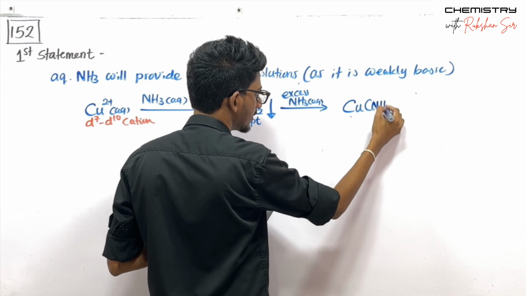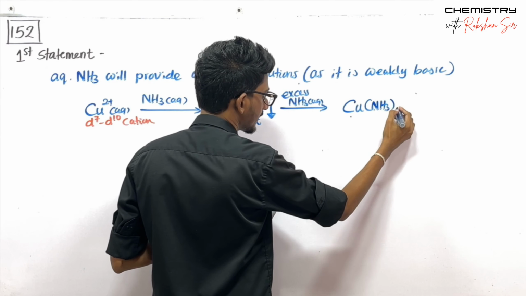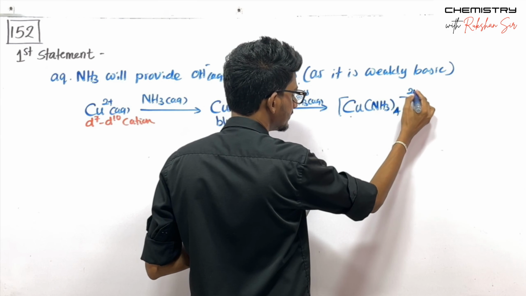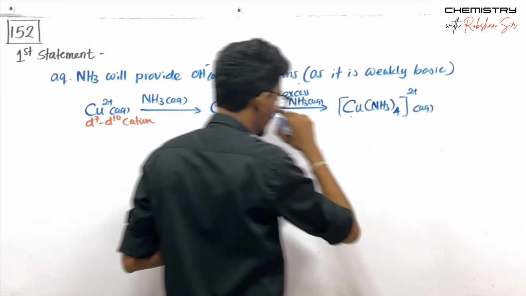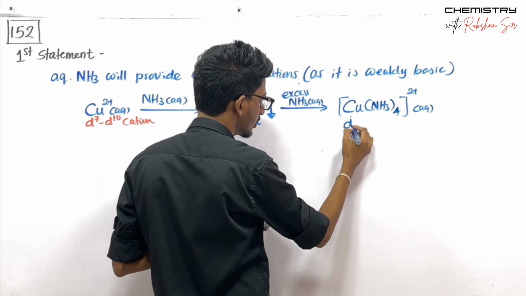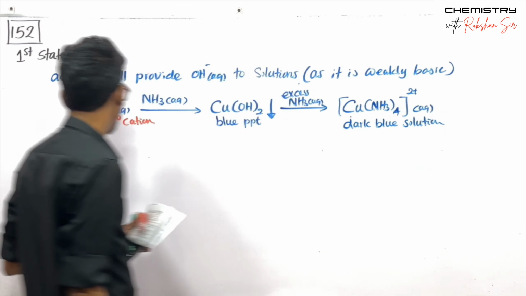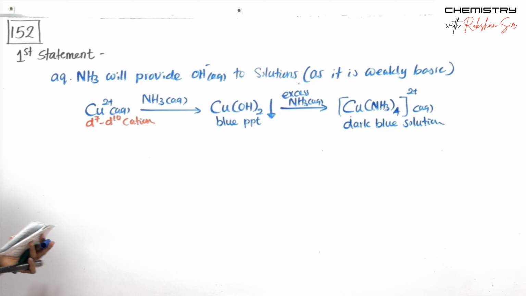This is how the copper reacts with ammonia. This solution is dark blue colored. This is how the copper 2+ reacts with ammonia.